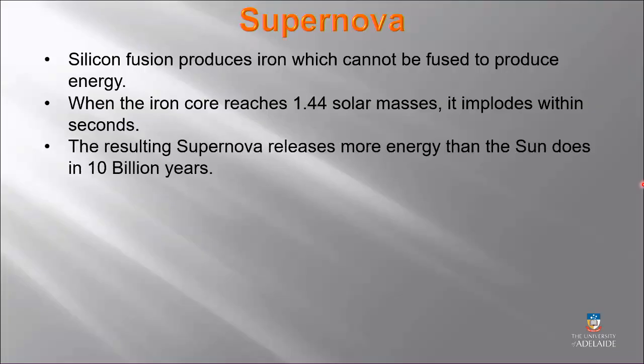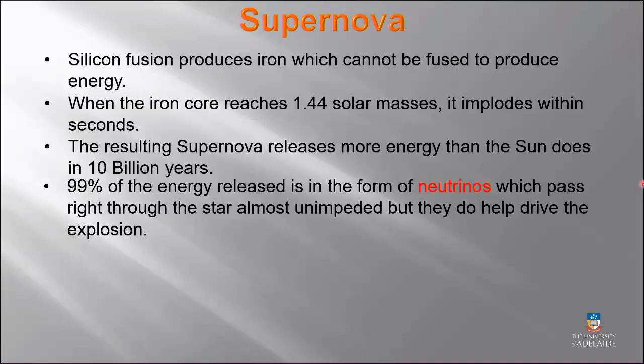And the energy released in the explosion is more energy than the sun produces in its whole 10 billion year lifetime. But 99% of that energy is released in the form of neutrinos. Most of the neutrinos pass right through the star almost unimpeded, but there are so many of them that they actually help drive the explosion.